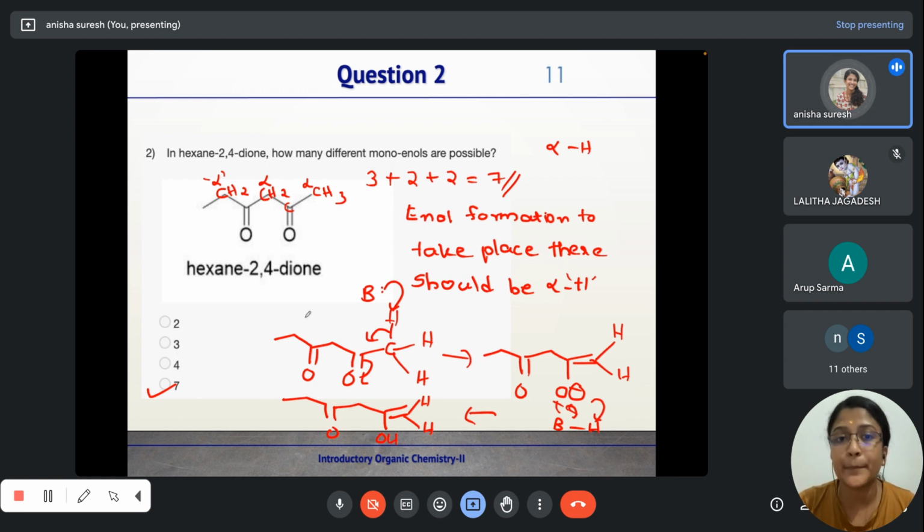Because the total number of alpha hydrogens that will result in the formation of enol is 7. So 7 different monoenols will be possible by abstracting each of the 7 different alpha hydrogens. Okay. So the answer will be 7.